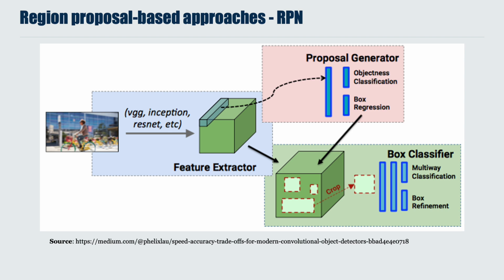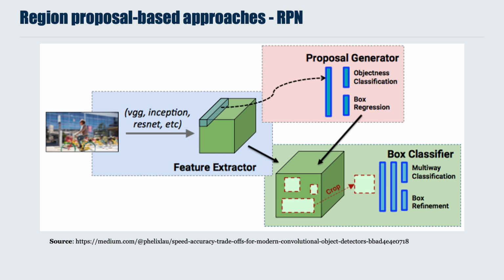Then you go to your proposal generator, your RPN, Region Proposal Network, that initially tells you, yes, this is possibly an object, this is not an object of interest, and here is potentially a box regression that will make it better. And then you have your proposal boxes that you are already selecting as yes, it's possible, no, it's unlikely.